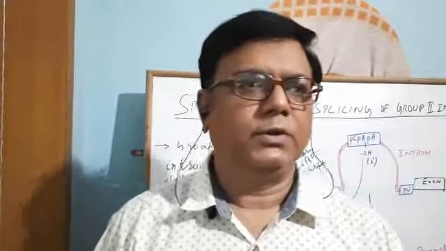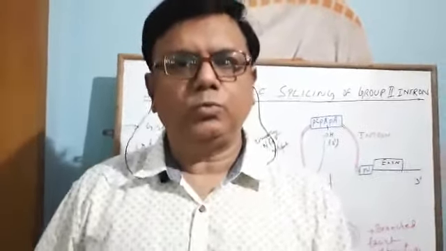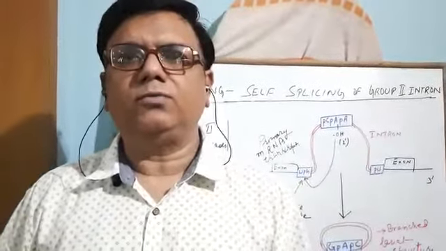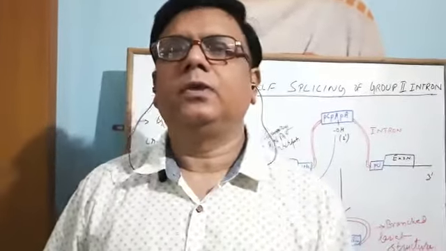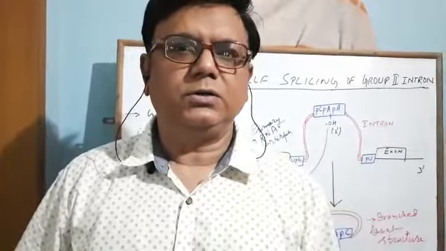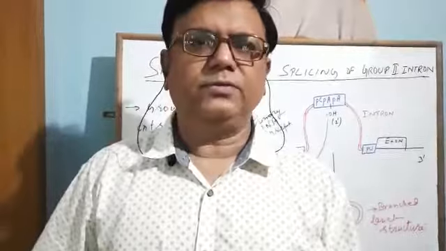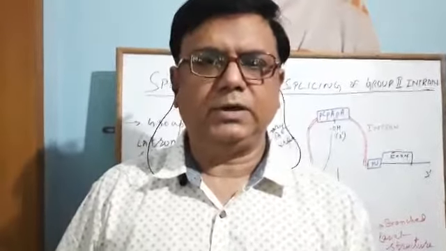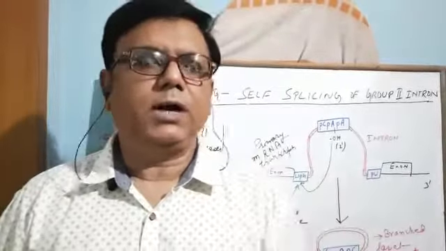protein enzyme. And like group 1 introns, the mechanism of splicing of group 2 introns also follows a trans-esterification reaction mechanism, in two steps. But a difference is there, which we will see right now. So what happens in the primary mRNA transcript?